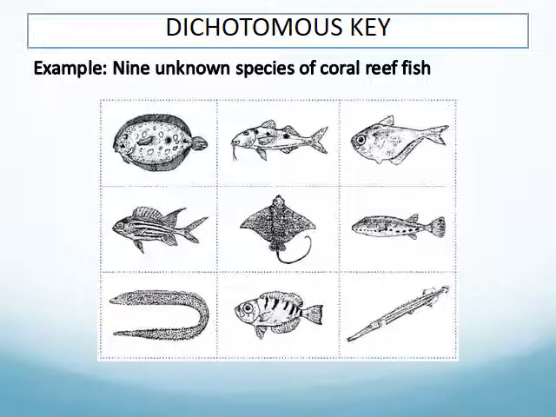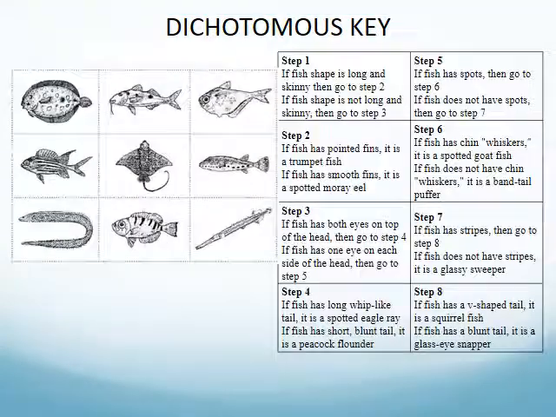Okay, so our example shows us 9 unknown species of coral reef fish. And based on the information on the next slide, we are going to figure out how to name these fish. So what we're going to do is identify the fish here based on the dichotomous key.